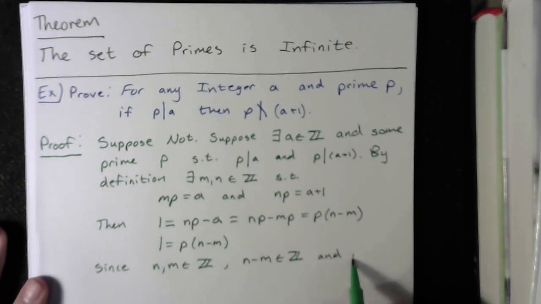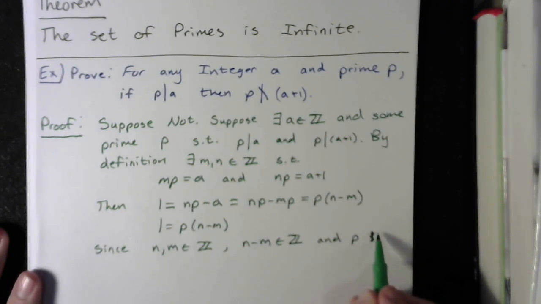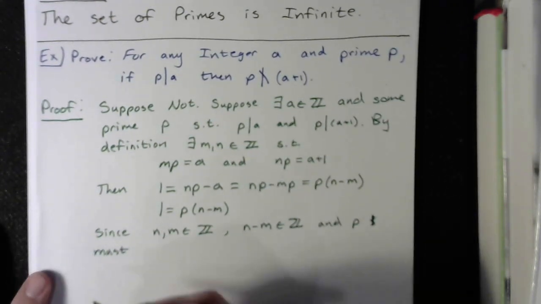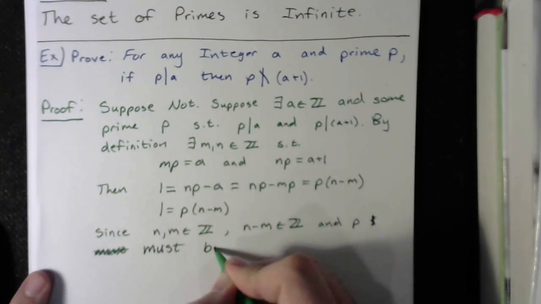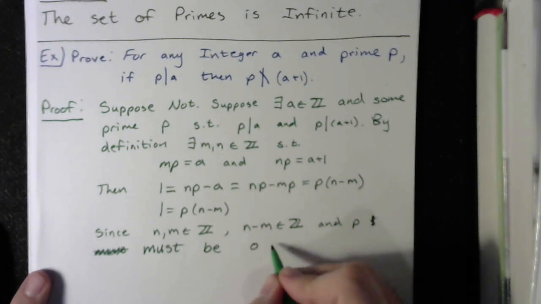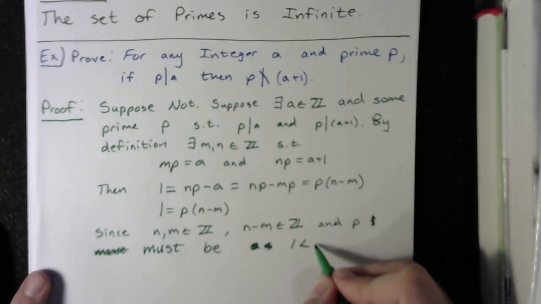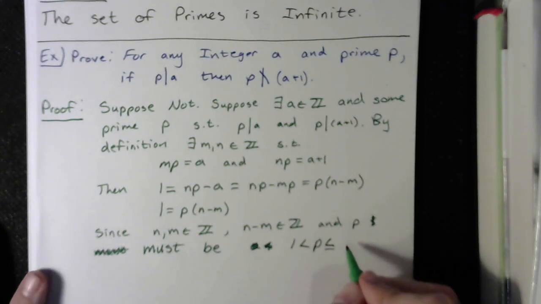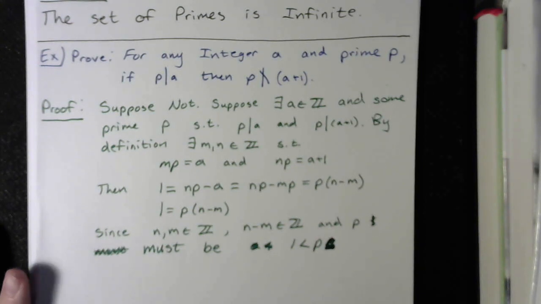And p, since it's prime, by our definition of prime, p must be greater than 1, because 1's not prime.